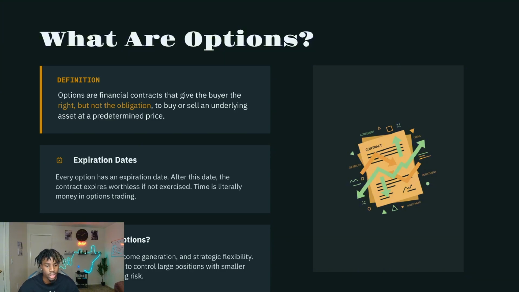Options allow traders to control a large position with a smaller amount of capital while managing risk. I would say options is the only thing in the market where you can start to trade with a small amount of money and get bigger returns. For example, every option contract is worth 100 shares, and you can manage 100 shares for $100 or $50 and be able to get the gain.